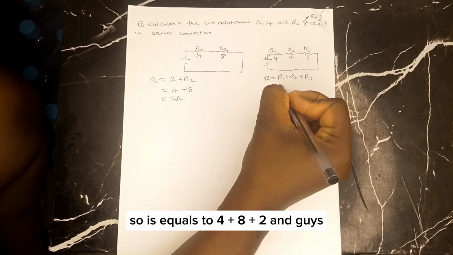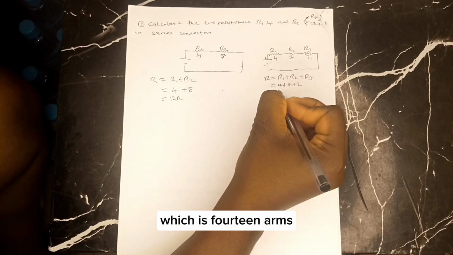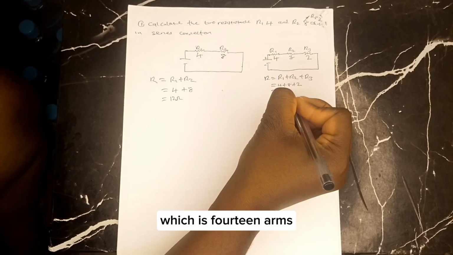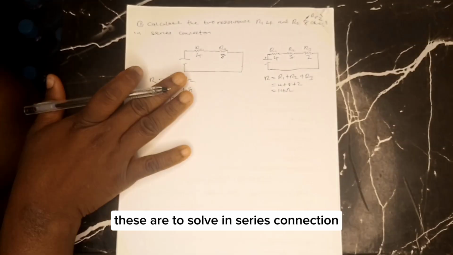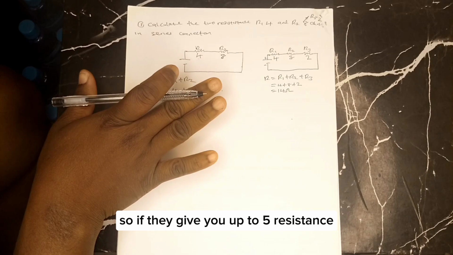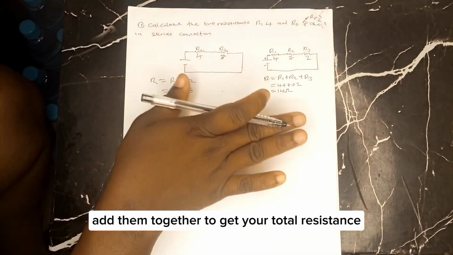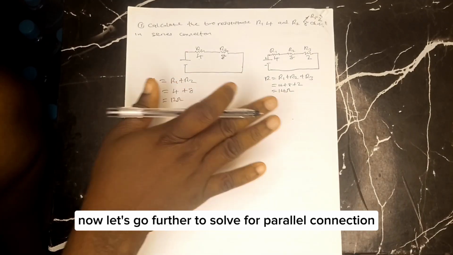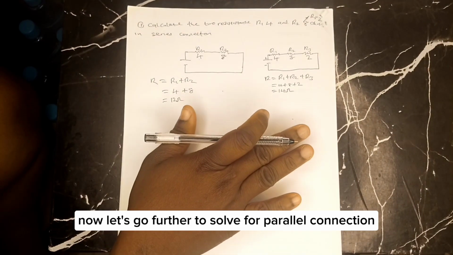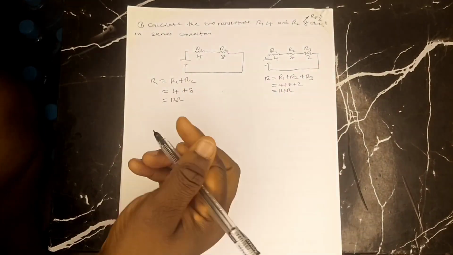So it equals 4 plus 8 plus 2, which is 14 ohms. This is how to solve in series connection. If they give you up to 5 resistances, you just have to add them together to get your total resistance.